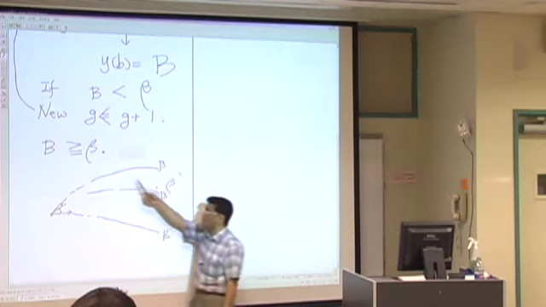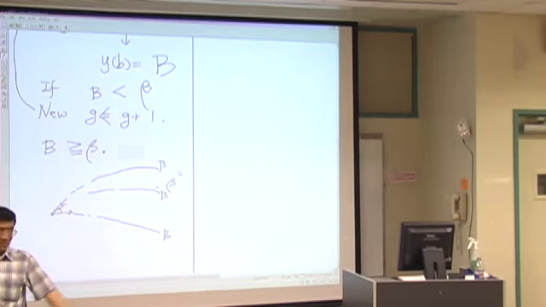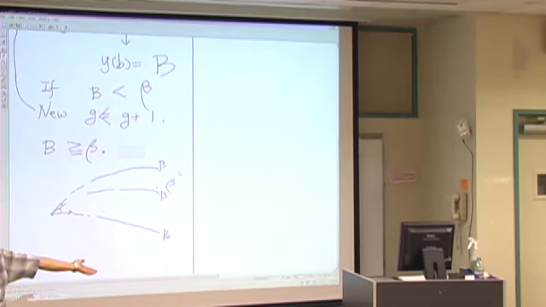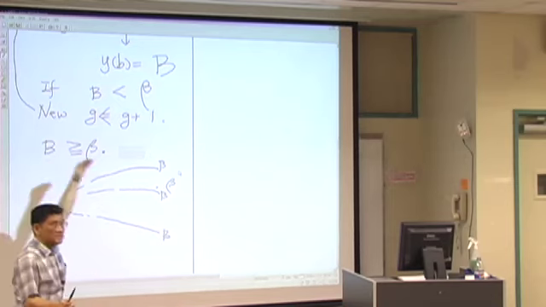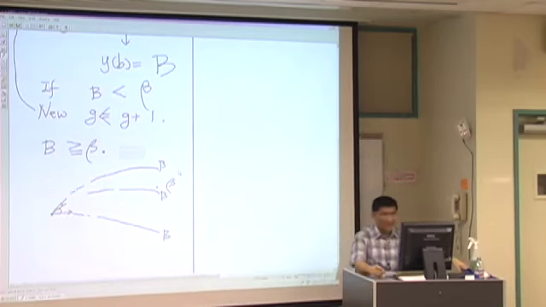If we happen to have B equal to beta, then done, you have solved the problem. It rarely happens, it is usually above.